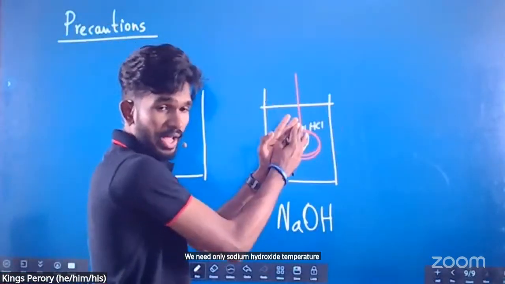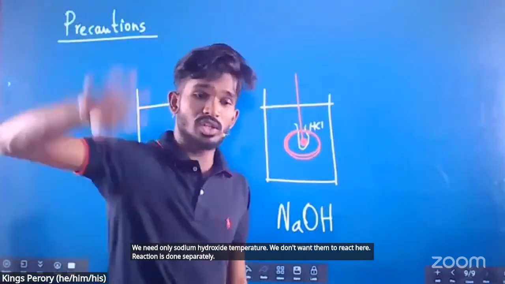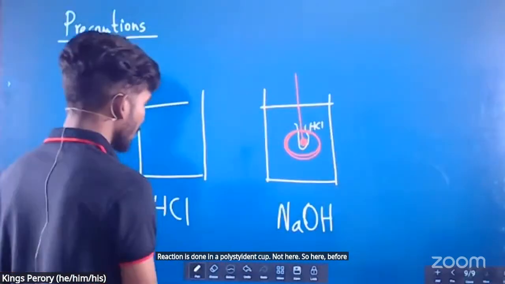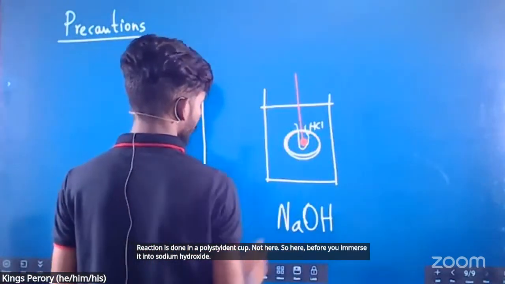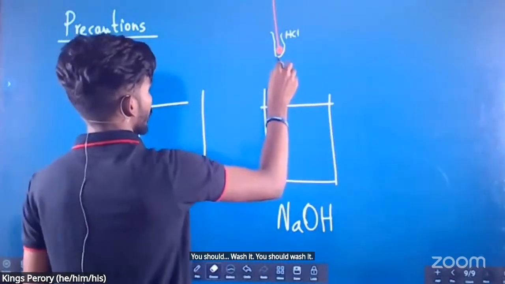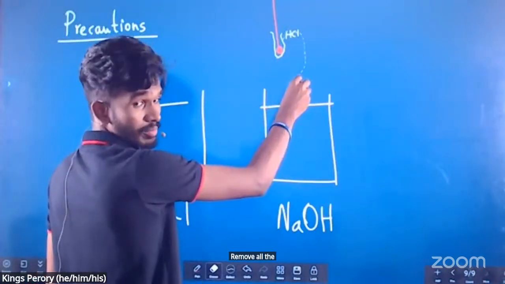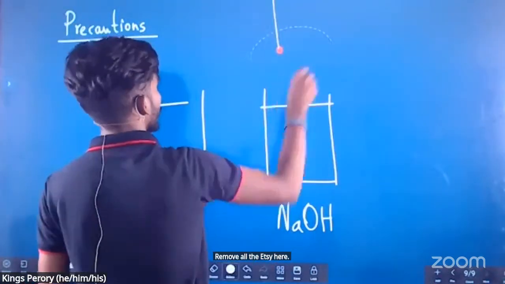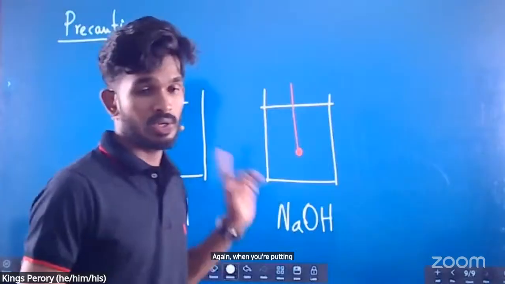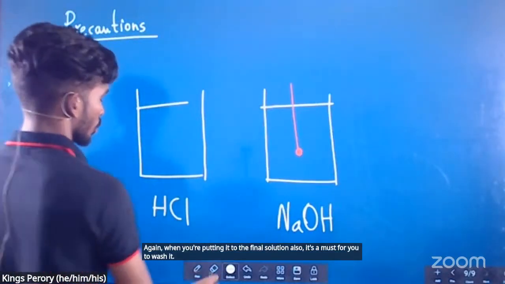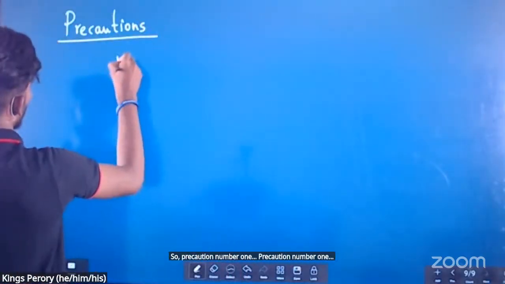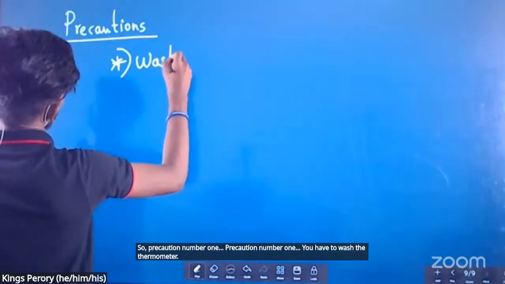We don't want them to react here. The reaction is done separately, in a polystyrene cup, not here. So before you immerse it into sodium hydroxide, you should wash it and remove all the HCl there. Then only you immerse it. Again, when you are putting it into the final solution also, it's a must to wash it. So precaution number one, you have to wash the thermometer.